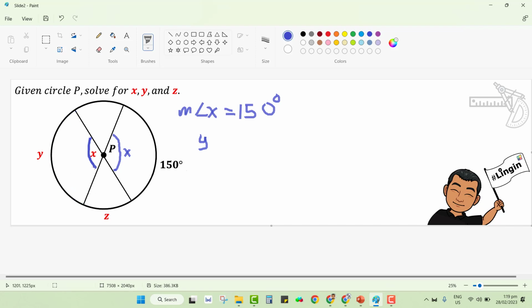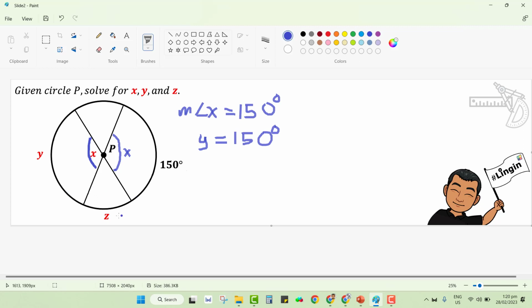And since x is given to be 150 degrees, this intercepted arc of that given angle x, which is represented by y, is also 150 degrees. The reason being is that we already have the value for x, and the relationship between the central angle and its intercepted arc is that they have the same measurement.